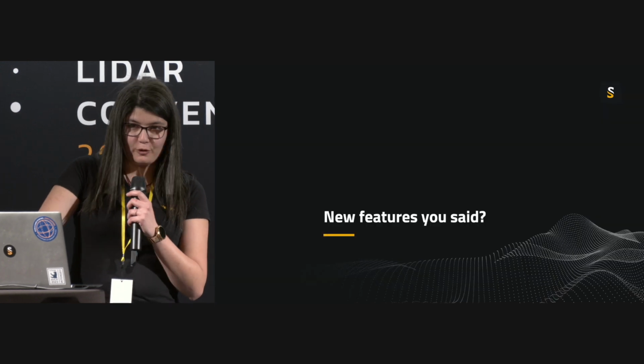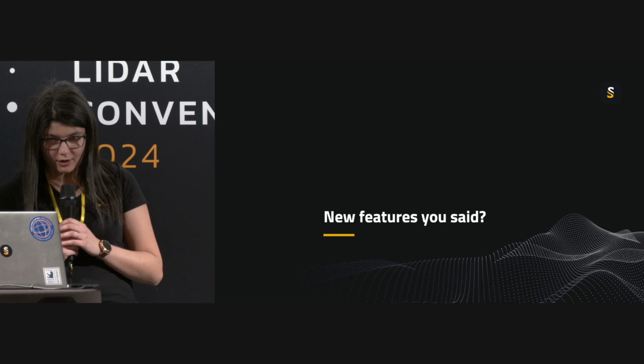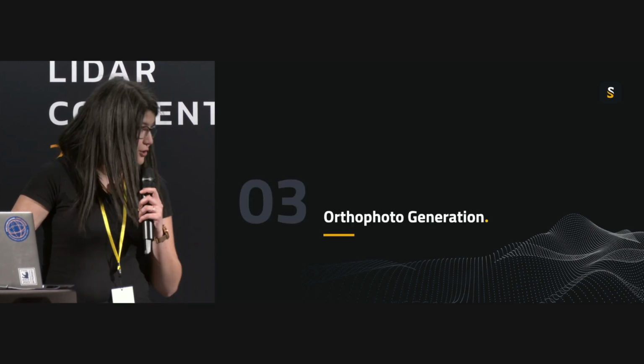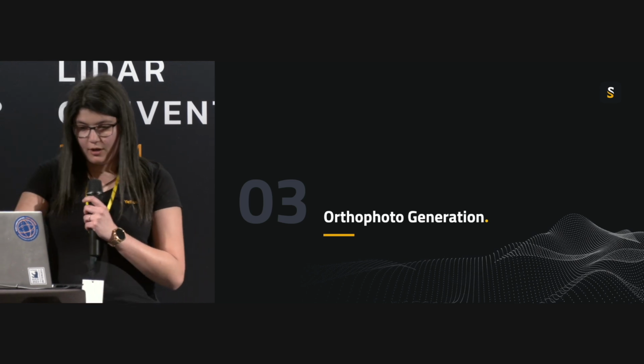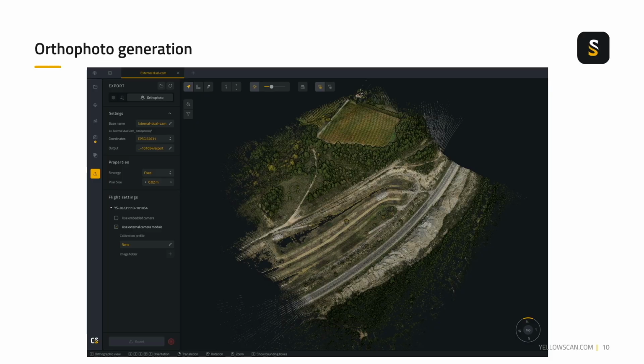I know we've teased a lot of new features today, so I'm just going to start with the long-awaited orthophoto generation. Here you're in the CloudStation and you want to generate an orthophoto from simultaneous LiDAR and camera data.